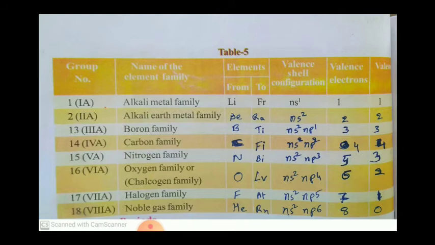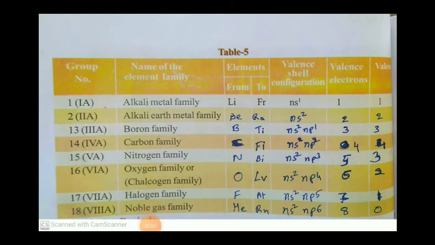To reduce their energy, to get stability, the atoms participate in chemical bonding. To participate in chemical bonding, they give or receive electrons or share electrons.